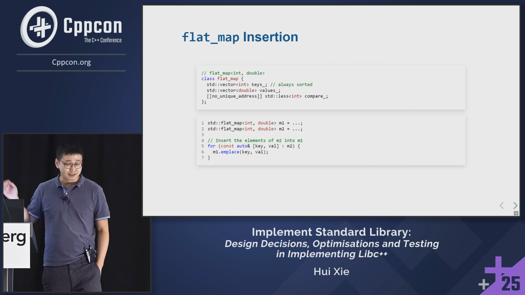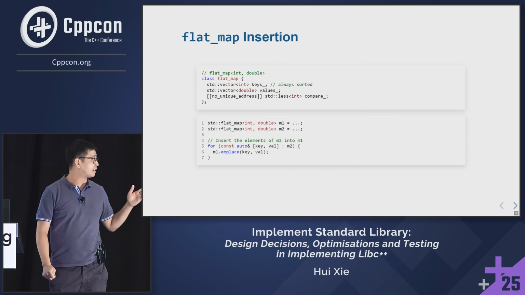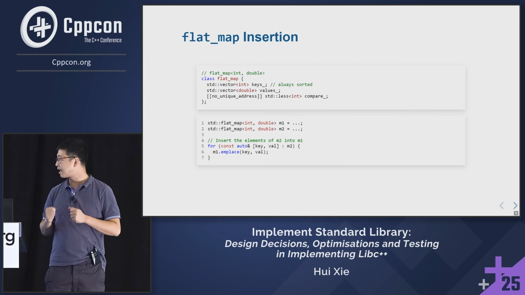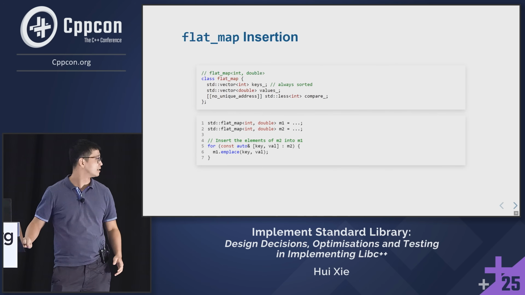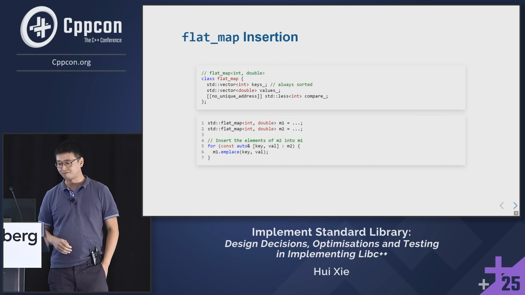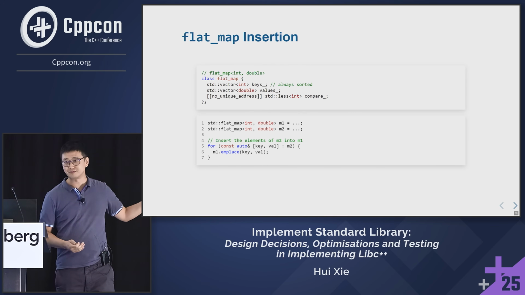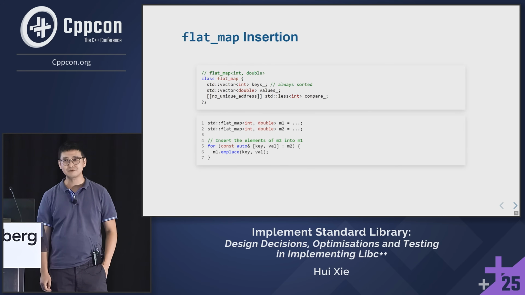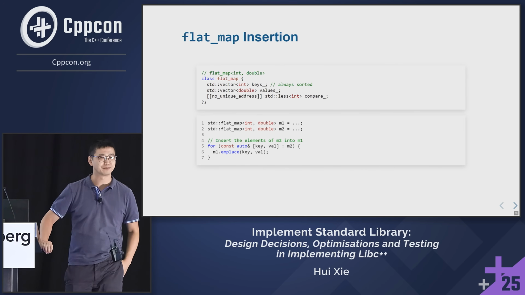Imagine we have two flat maps, M1 and M2. And all I want to do is insert every single element from M2 into M1. And the naive way of writing this code is you write a for loop, and then you emplace every single key-value pair into the first one. Any problem with this for loop?